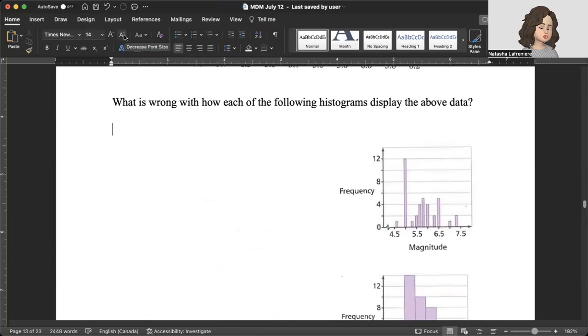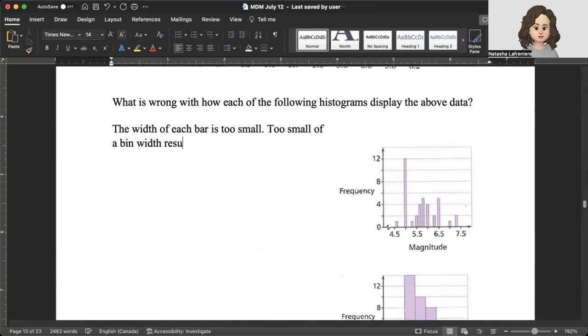Okay. So this one, we can see that the width of each bar is too small. Too small of a bin width results in a histogram that does not effectively summarize the distribution.